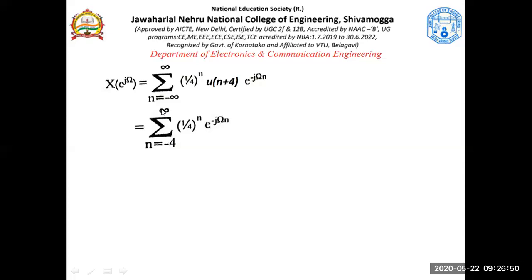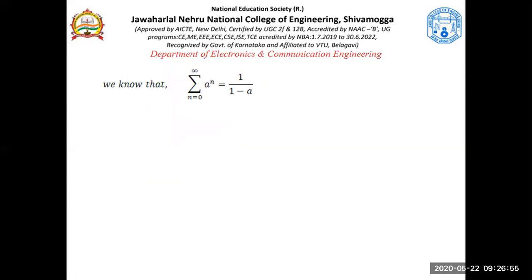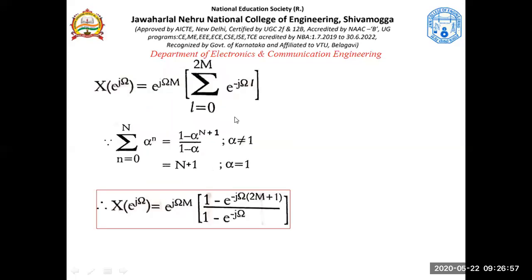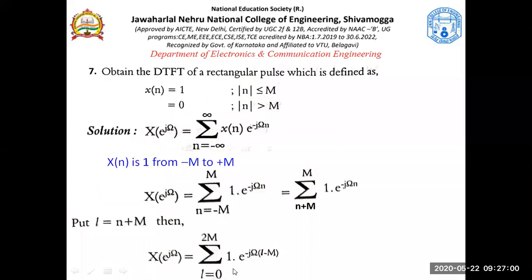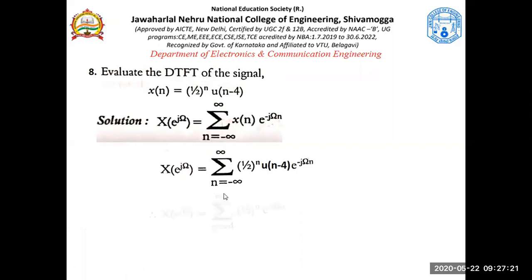But in the previous case where we had capital M, it is n plus m equal to 0. Since this is a finite value, this also needs to be shifted to the right. So it's as good as adding plus m to this. Fine. So it's the idea of getting the lower limit to be 0.